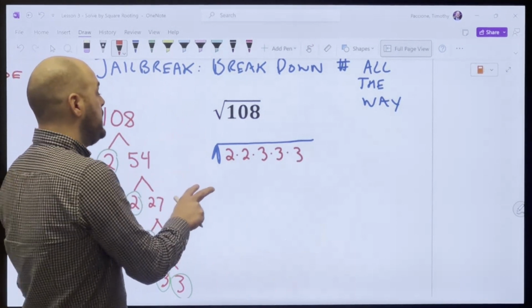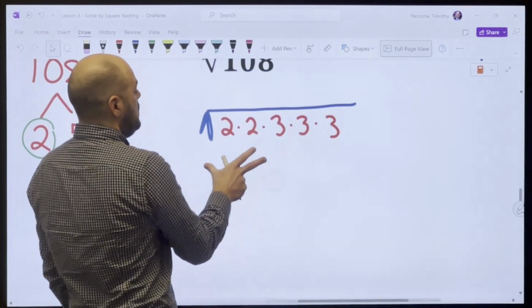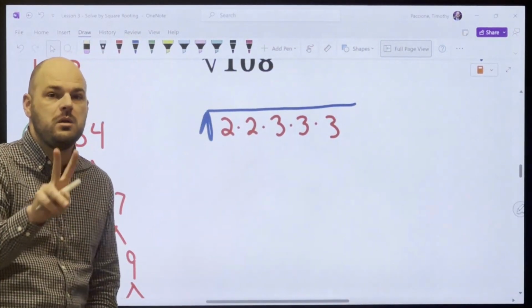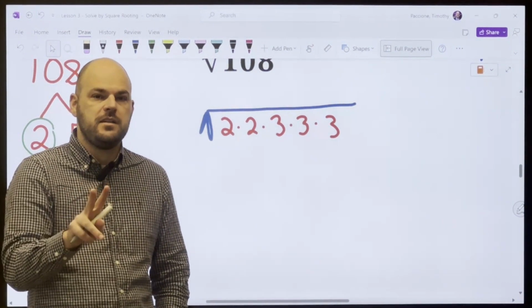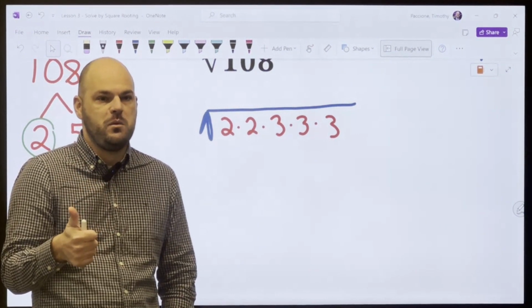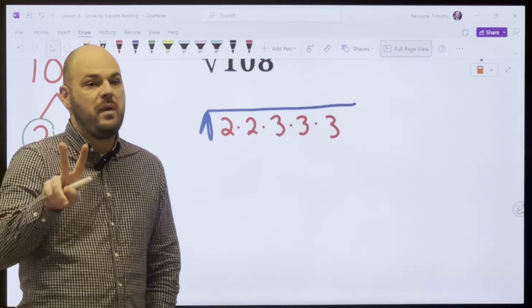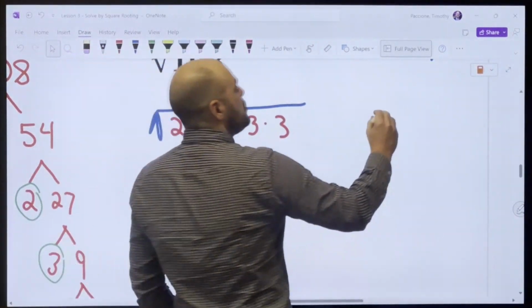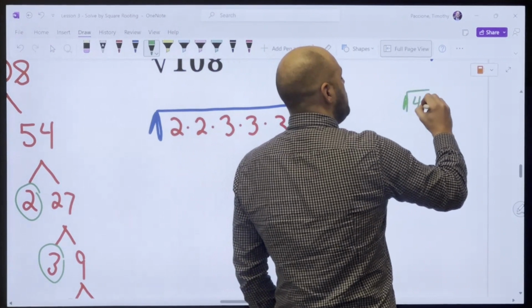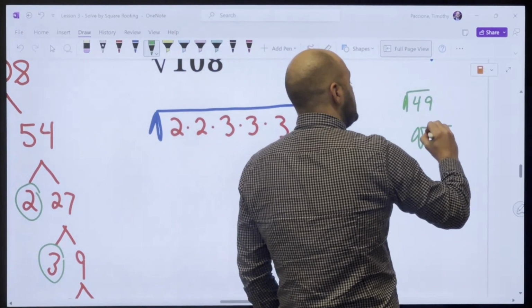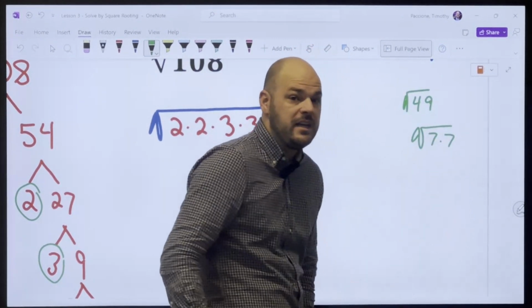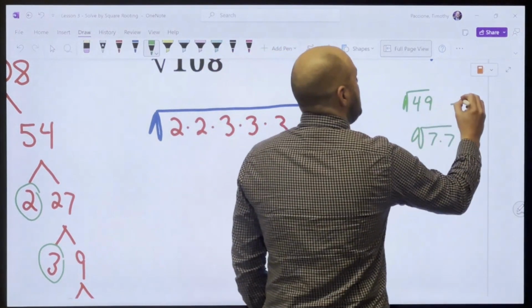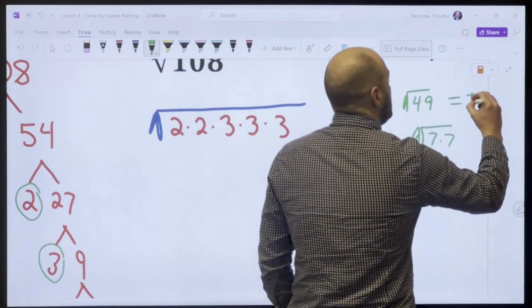Now, the rule here is to break out of this jail, you need a partner. And only one of you is going to make it, right? So I look for pairs. Now, that's the trick, but why do we do this? Remember, square root of 49, well, that's square root of 7 times 7, right? And what did that end up being? It ended up being plus or minus 7, right?